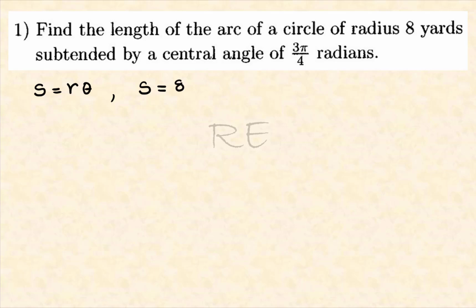So S, which is the arc length, will be equal to the radius, 8 yards, multiplied by the central angle, theta, which is 3 pi over 4. So 8 divided by 4 is 2, so it's going to be 6 pi yards.